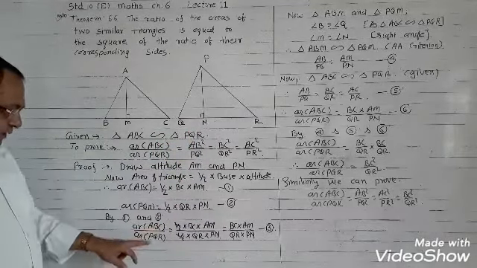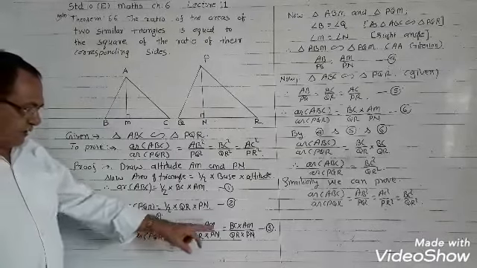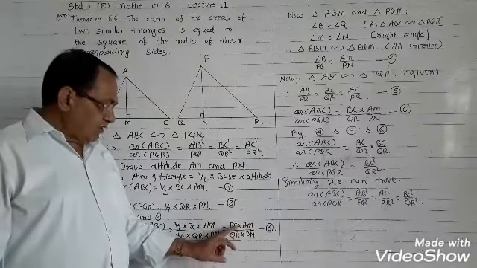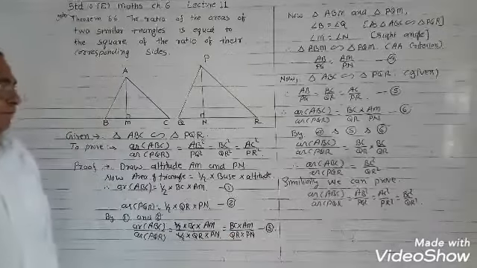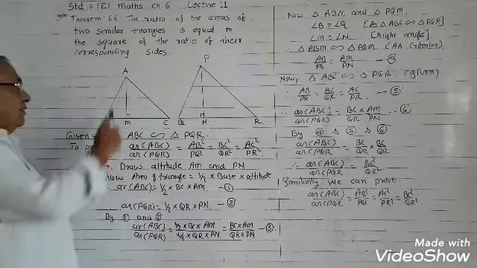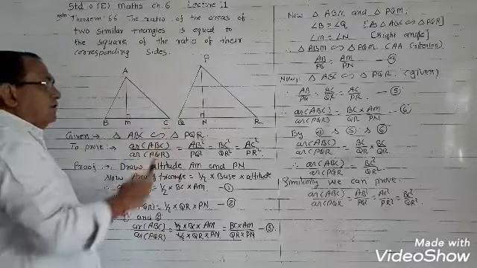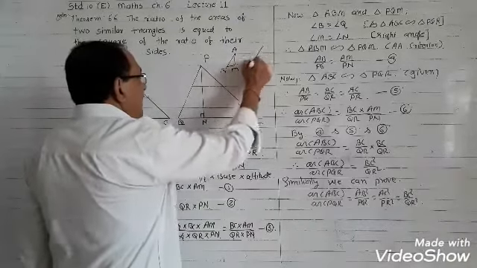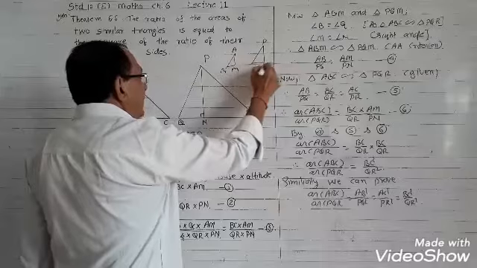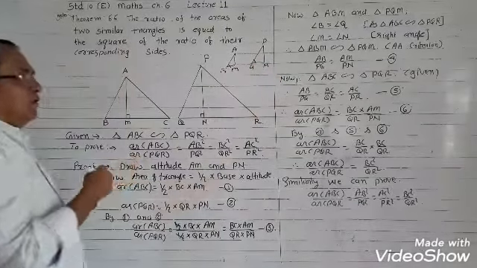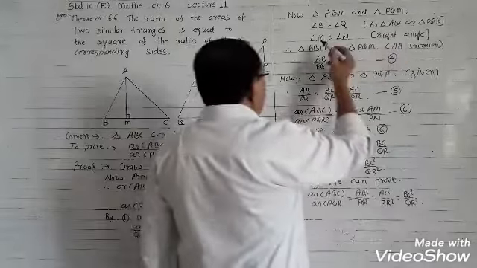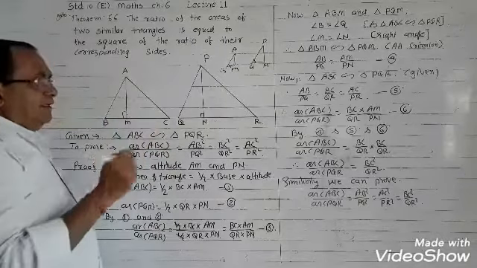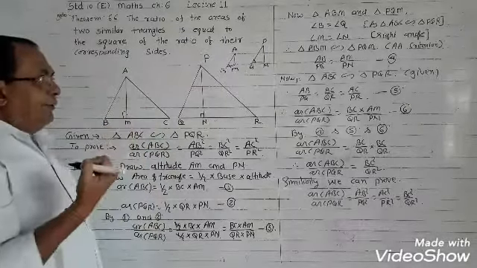Now what is area of ABC upon area of PQR? 1/2 BC AM upon 1/2 QR PN, the 1/2 cancels. BC into AM upon QR into PN. Now in triangles ABM and PQN, these two triangles are taken. Angle B is equal to angle Q because ABC is similar to PQR, which is given. Angle M is equal to angle N, right angles, because AM is the altitude.